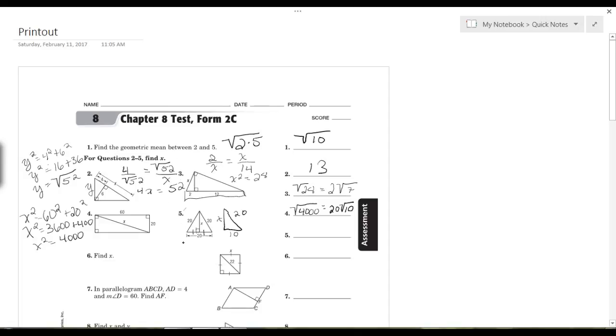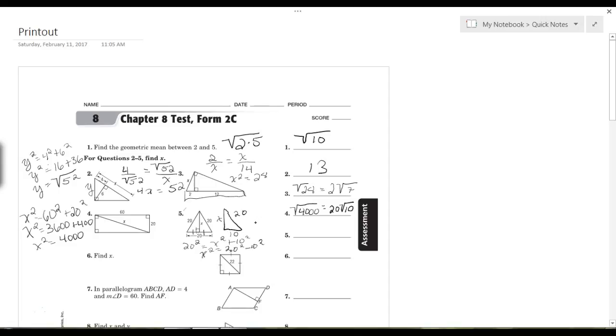So this time my hypotenuse is 20, so 20 squared equals x squared plus 10 squared. And then I work out my algebra. I get x squared equals 20 squared minus 10 squared.